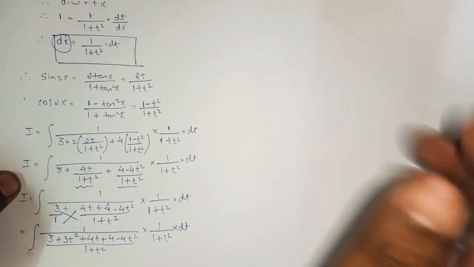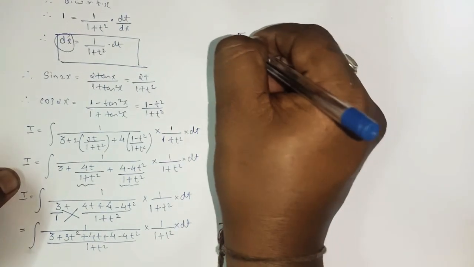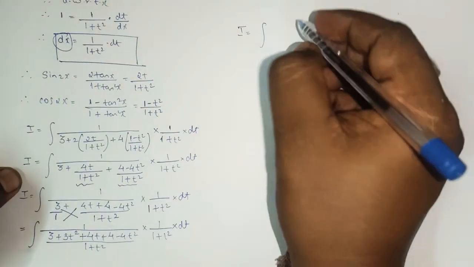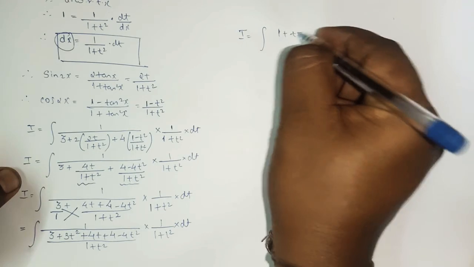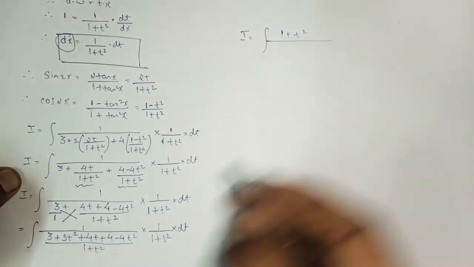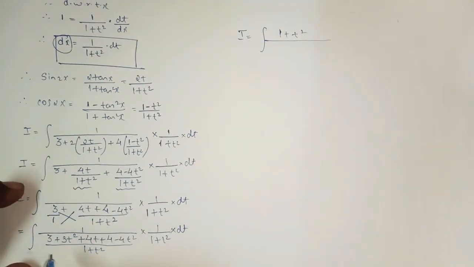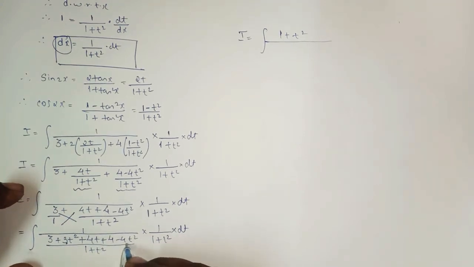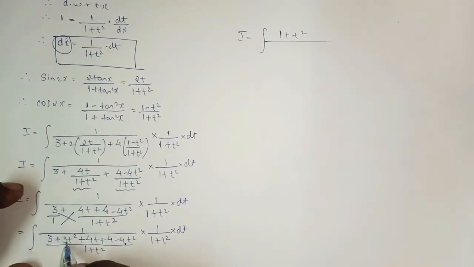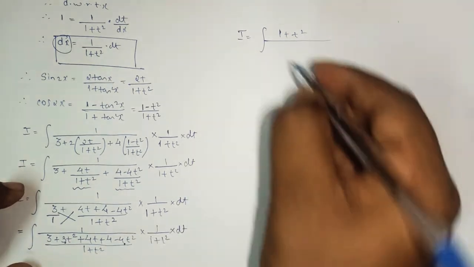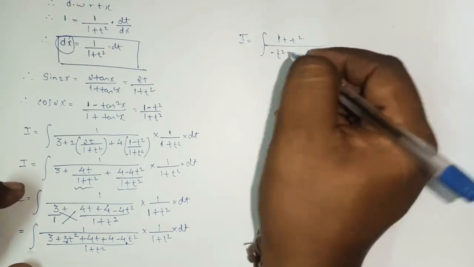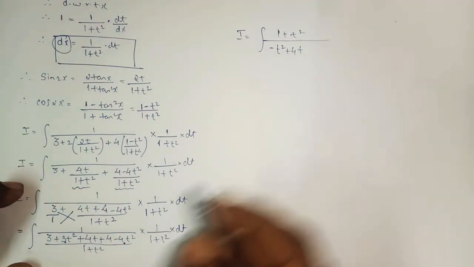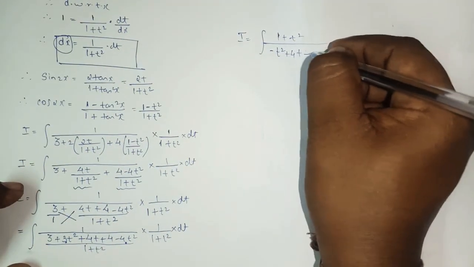Okay. Then after that, I will be equal to, this will shift to the numerator, 1 plus t square upon, and we'll see the like terms here. Here we have the like terms: 3t square minus 4t square, so this will be minus t square, plus 4t, and 3 plus 4 is 7.